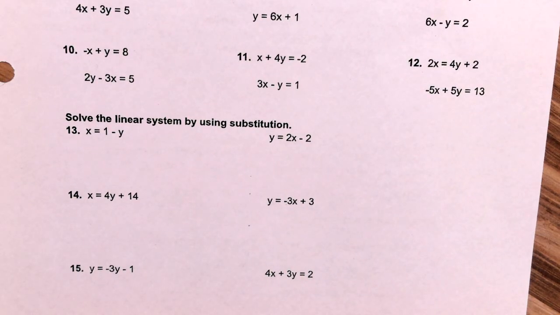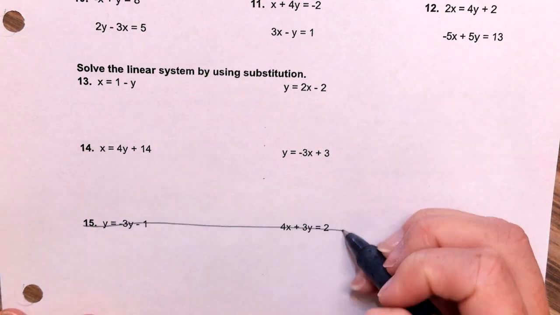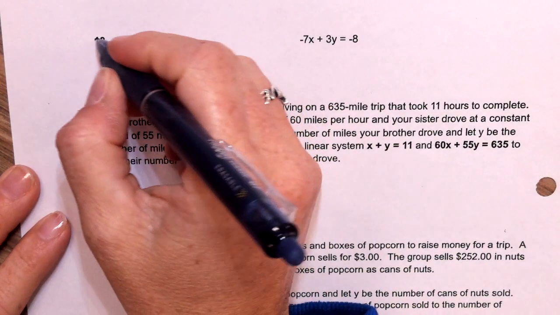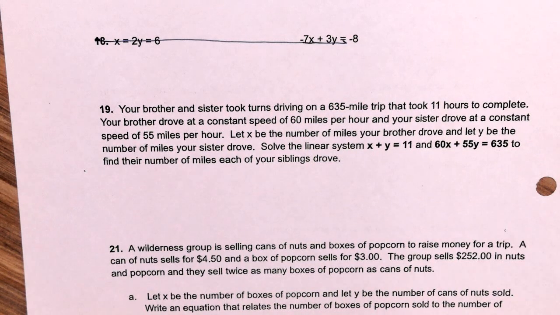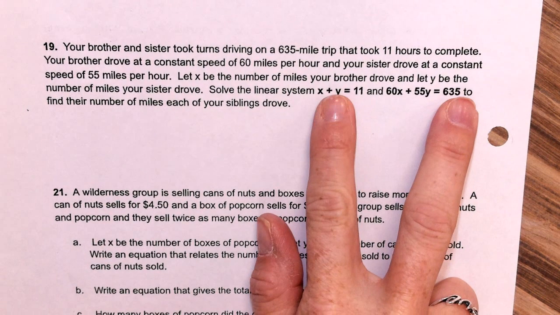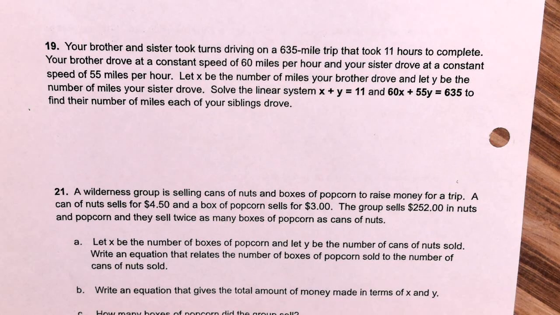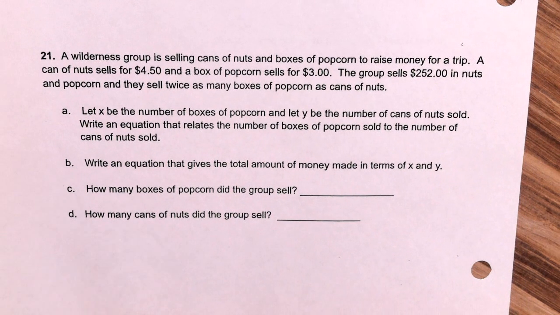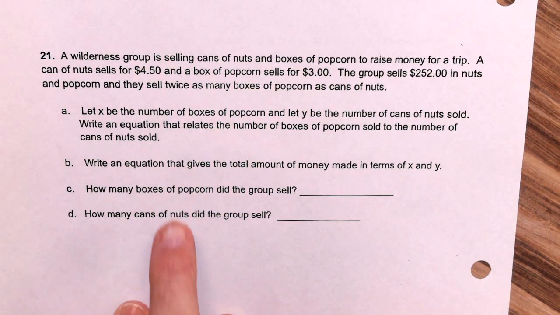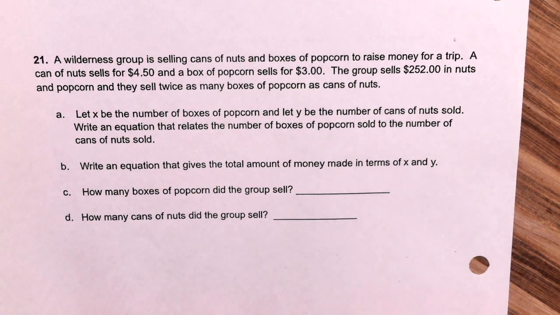You are going to omit number 15 and 18. So mark out 15, mark out 18. You are going to do the word problem. Look at number 19. Did they write the equation for you? So literally you're just solving the system. And number 21, it's going to make you do it yourself like we just did, but it walks you through each step. Okay? All right, you may get started.